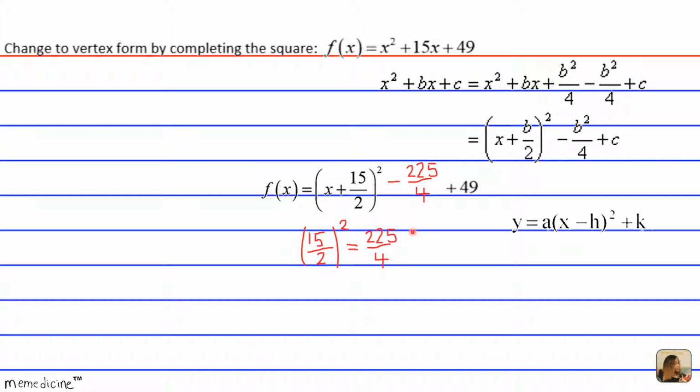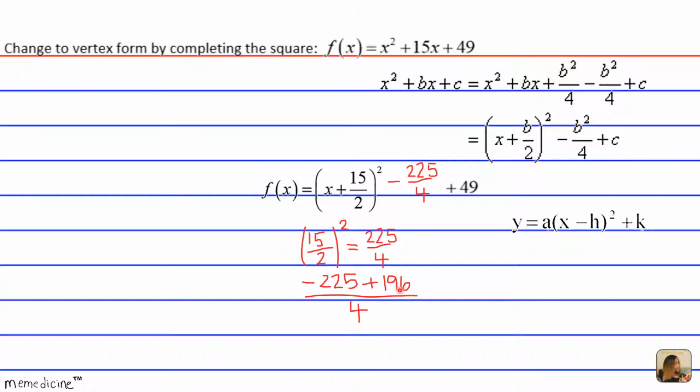And then when we combine these terms, we're going to get negative 225 plus 196 over 4, because in order to combine these two, we have to find a common denominator, and the least common denominator is going to be 4.